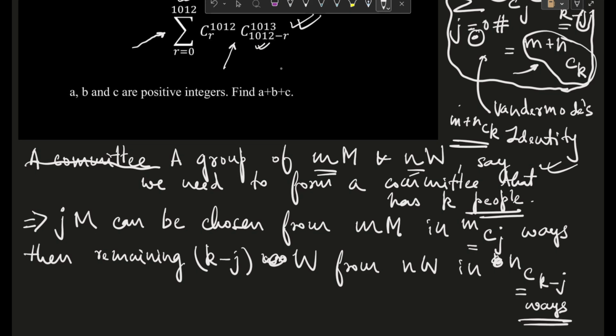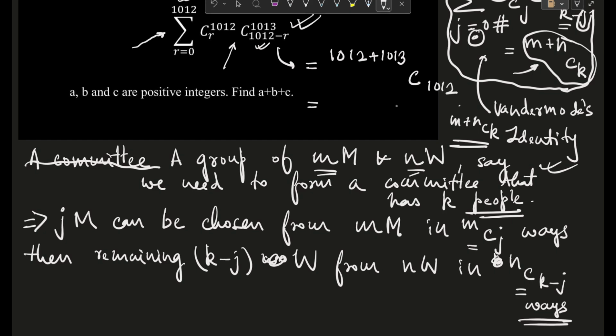Anyways, so our denominator is equal to m plus n C k. So I guess we can put in the values of m and n as well. So 1012 plus 1013 C k, and k here is 1012.